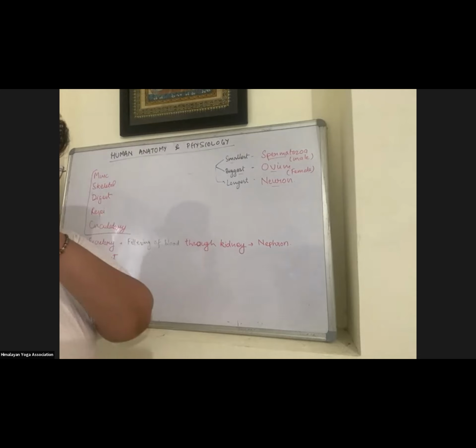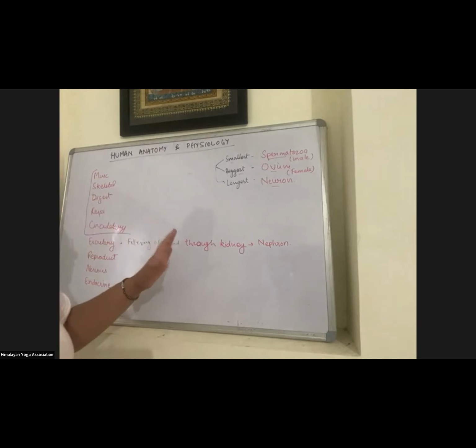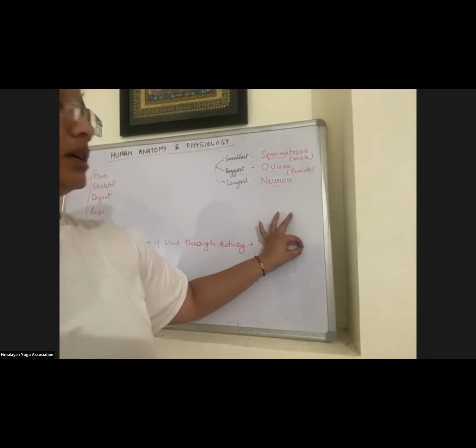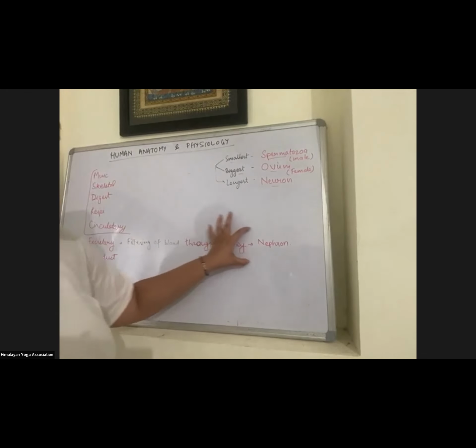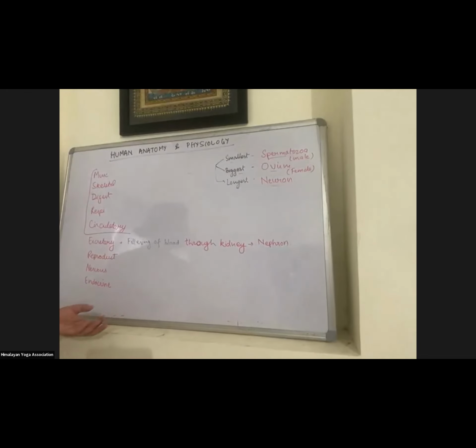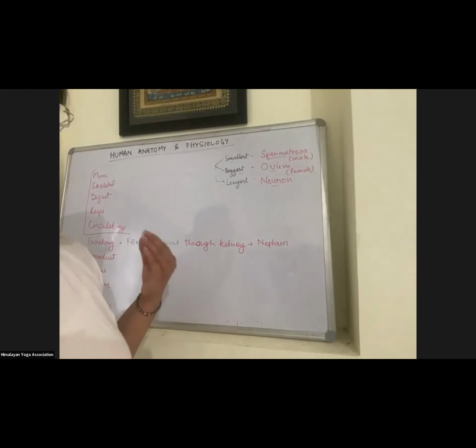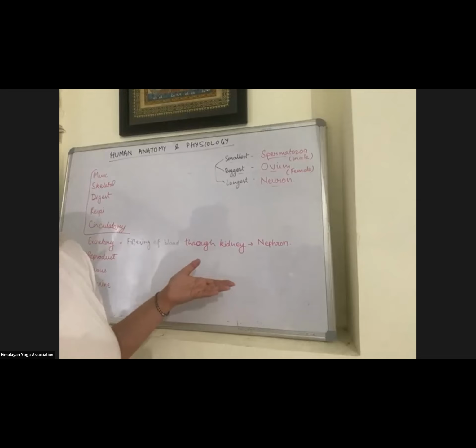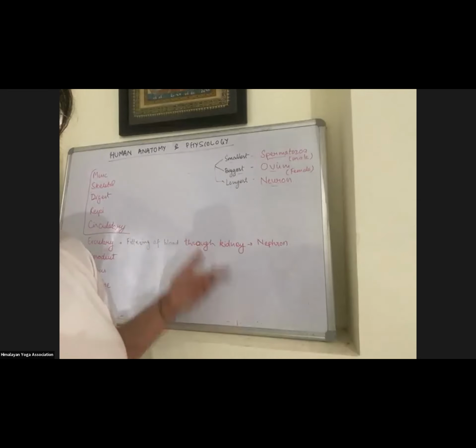You see, the blood that reaches the kidney is full of all the toxic things which are not required by the body. The toxic or unwanted material, the waste, is in the blood cells, because blood cells are the storehouse. Like all the cells are storehouses, and this blood is carrying everything.